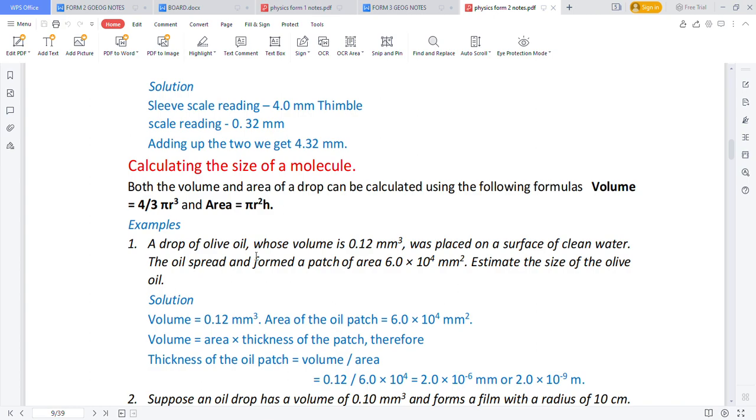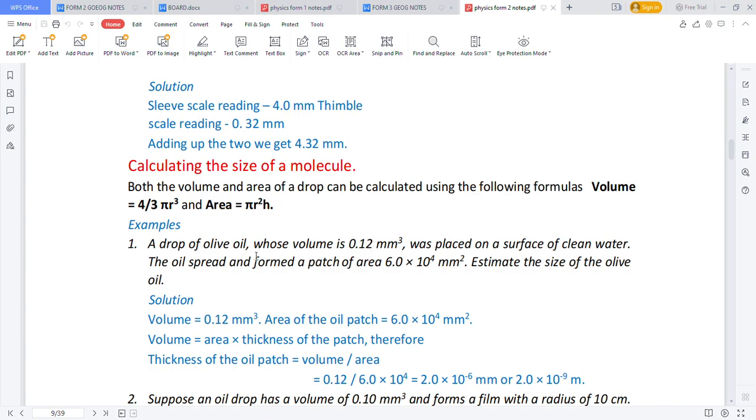The first one, you say the volume of the drop is equal to the volume of the patch.